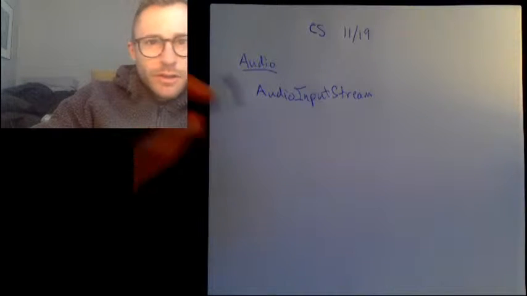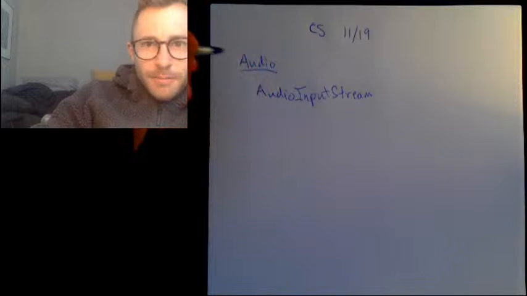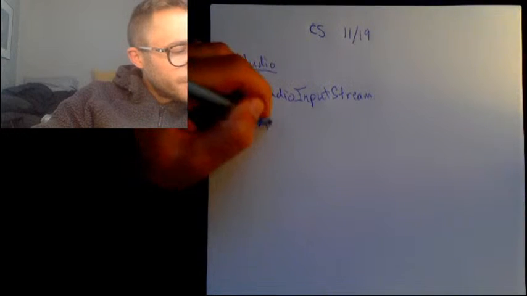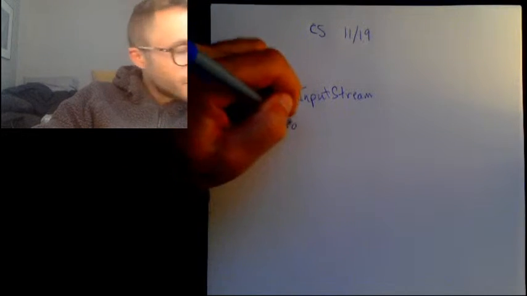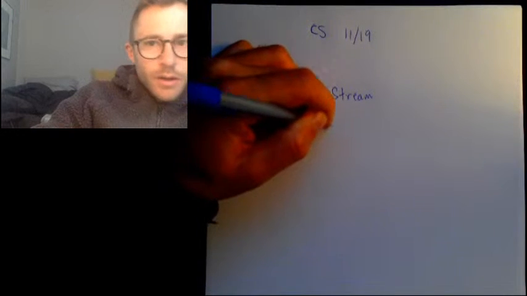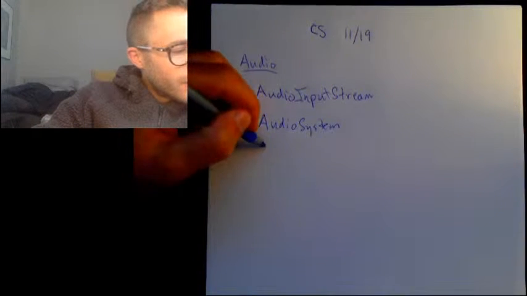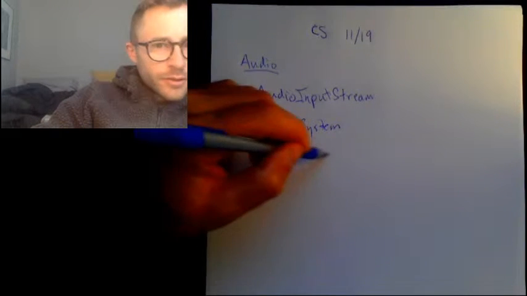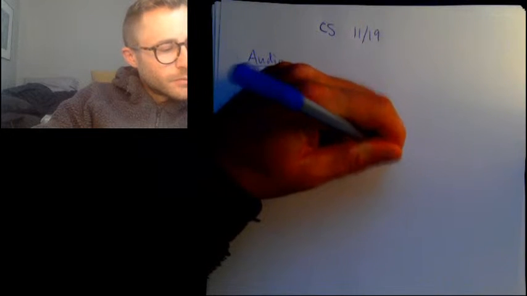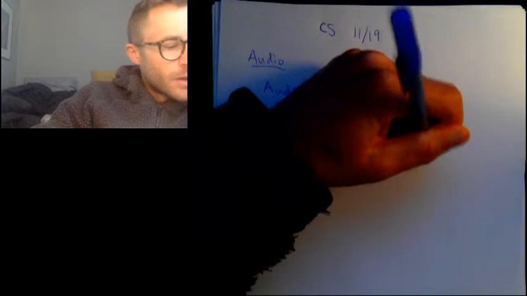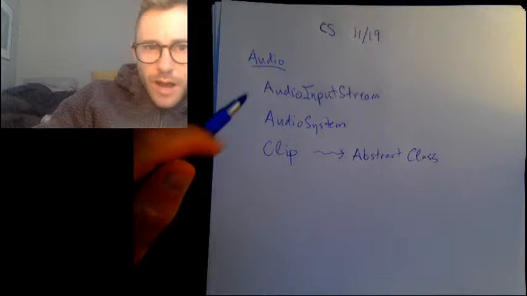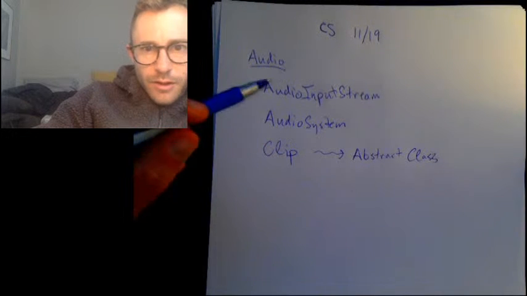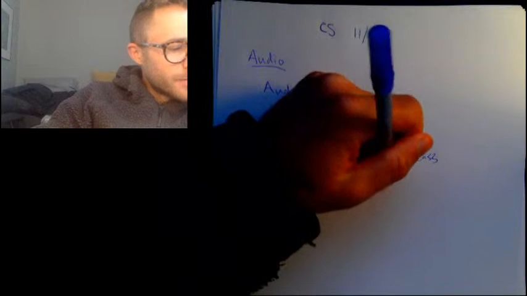We're going to be using a class called Audio System. And then we're going to be using a class called Clip. And Clip is an abstract class. So an abstract class is a class that has no constructor.